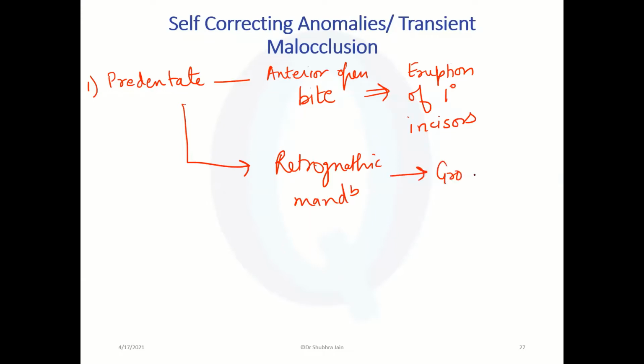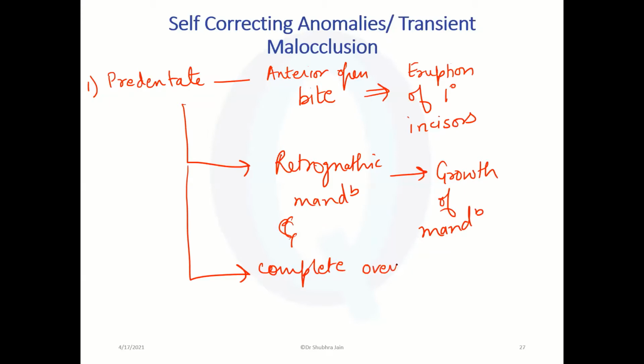It is going to get corrected by the growth of the mandible. And the third is complete overlap of maxilla. It is going to get corrected by transverse and sagittal growth of the mandible.